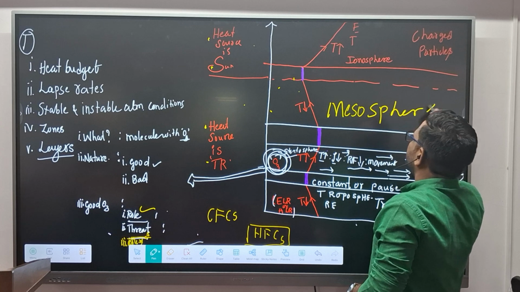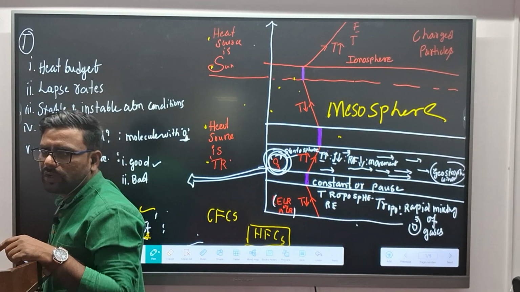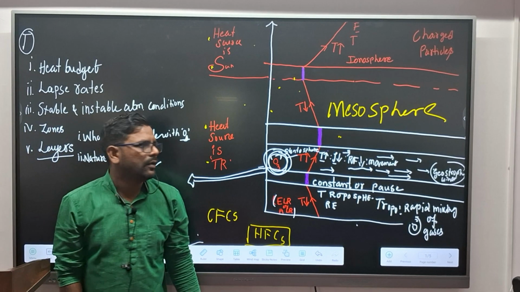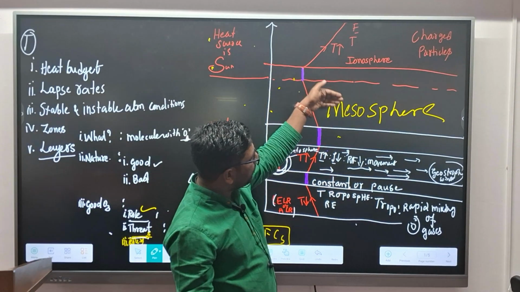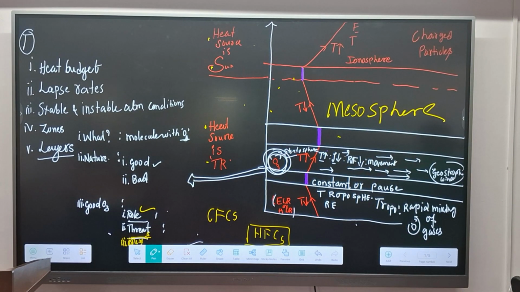You can write it as mesosphere, and it can be called the stratopause because temperature again becomes constant over there. Okay, this is the mesosphere. Then ionosphere, then thermosphere, then exosphere.